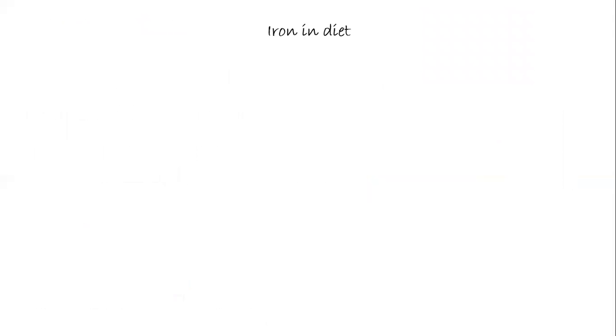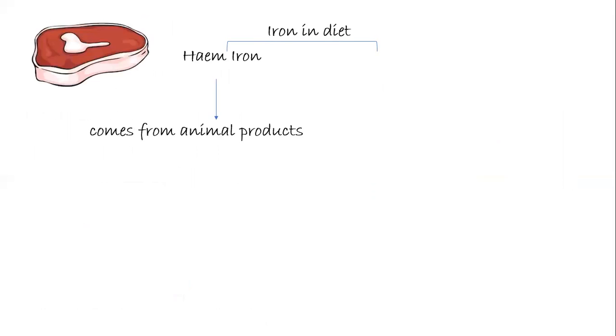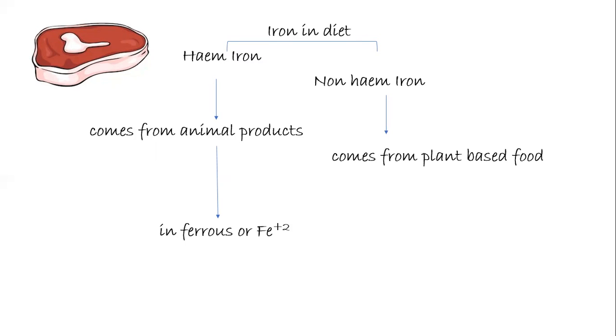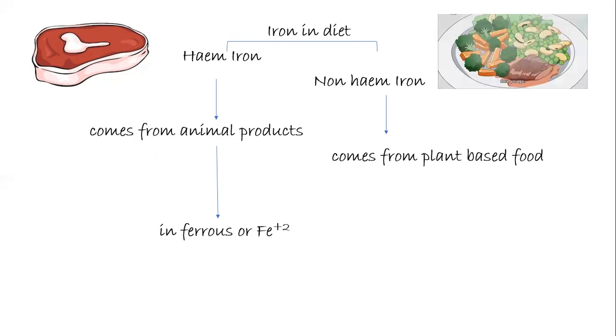Now we'll see there are different forms of iron in the diet. The first form is called heme iron. Heme iron comes from animal products and it is in the ferrous or Fe+2 form. The second class of iron in the diet is non-heme iron. It comes from plant-based foods like all the green leafy vegetables and the nuts which you ingest.